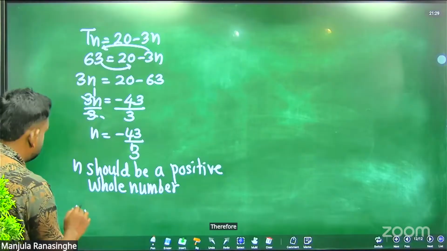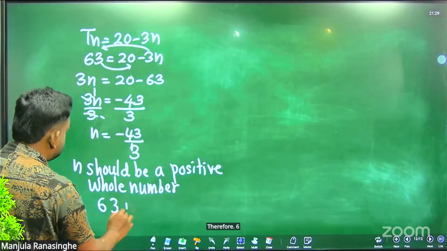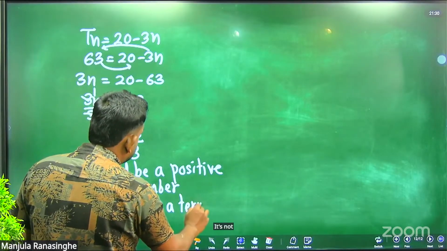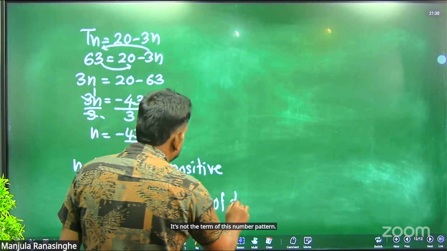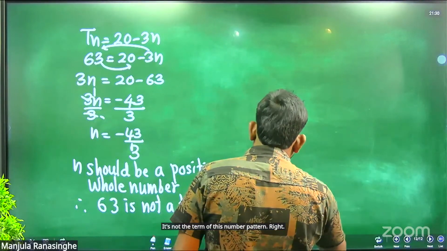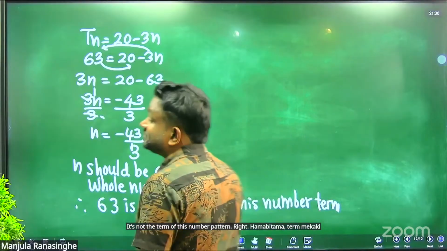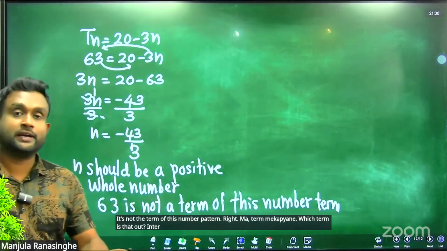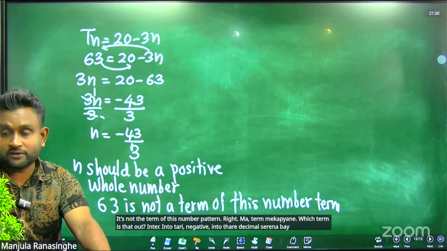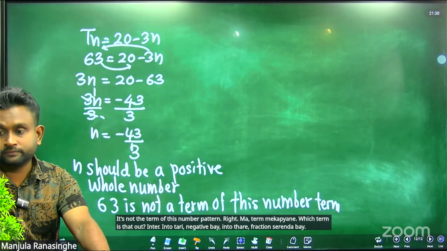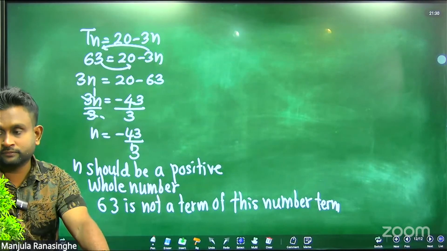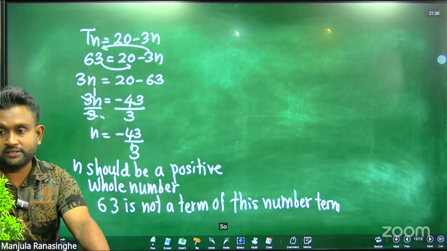Therefore, 63 is not a term of this number pattern. It should be written like this, my son. Whenever it asks which term it is, the answer n cannot be negative, cannot be a decimal, and cannot be a fraction. So this is how you write it.